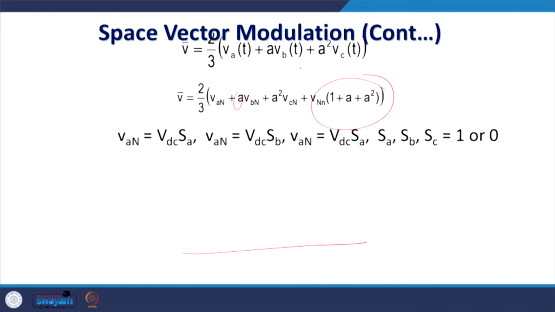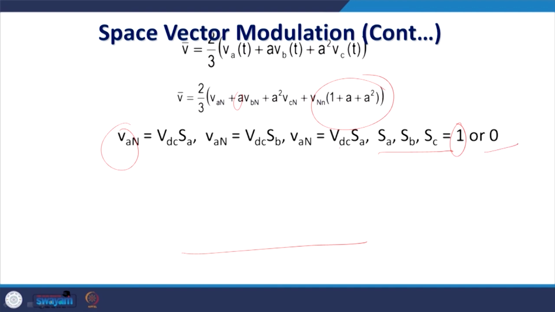Now, you know that VAN has to be VDC into SA, VBN equal to VDC into SB, and VCN equal to VDC into SC. Ultimately, you got these switches. This is SA, that is a leg representation. It can be 1, then the upper switch is on.